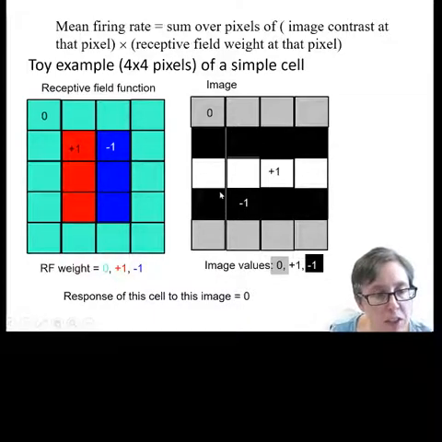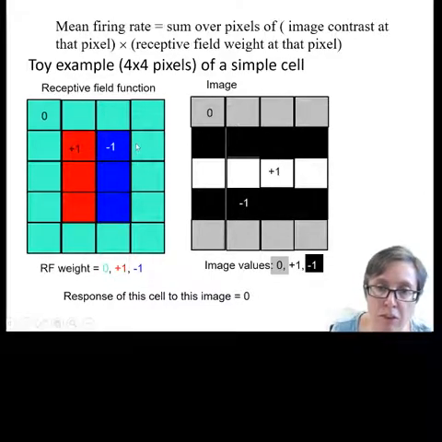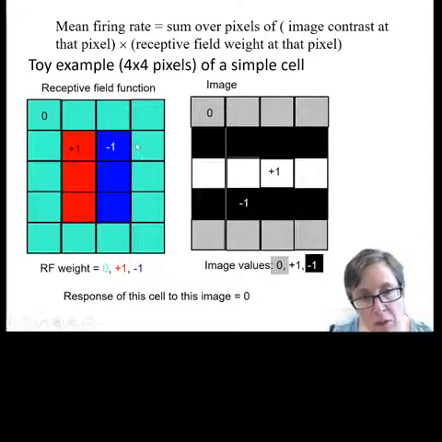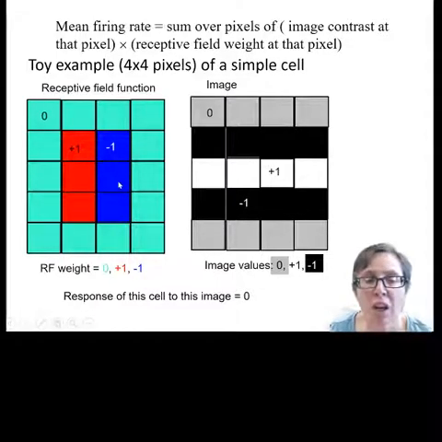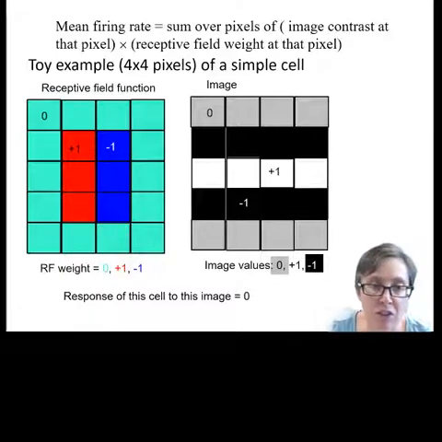So this cell is receiving some excitation where this bright stimulus lies over an on region or where dark features lie over an off region, but it's receiving the same amount of inhibition where dark features lie over an on region or bright features lie over an off region. And overall, that excitation and inhibition is cancelling out and the cell is not responding.